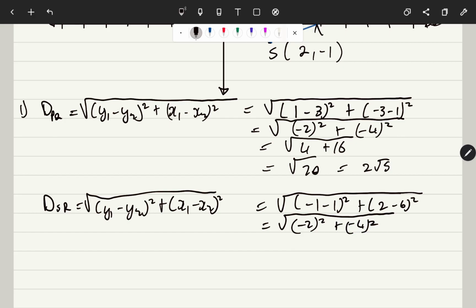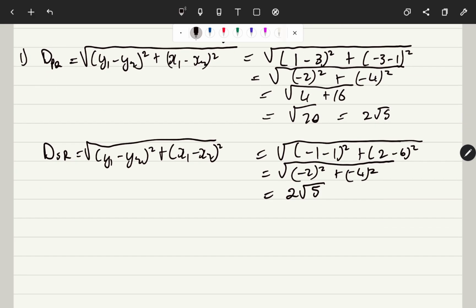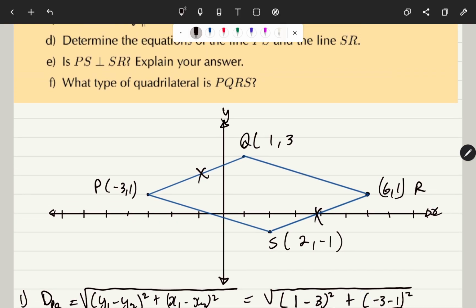So you see, now I have square root of -2 squared, which I also had here, and -4 squared, which I also had here. So I can just say the answer is going to be 2 root 5, right? So I have discovered that the distance of PQ is the same as the distance of RS. But that's not enough yet to conclude what quadrilateral this is.